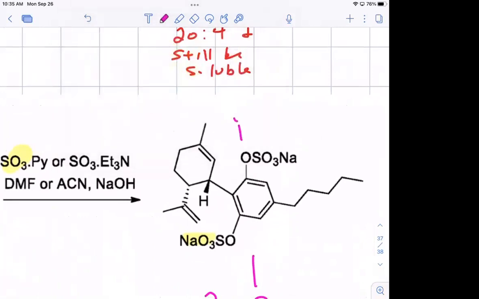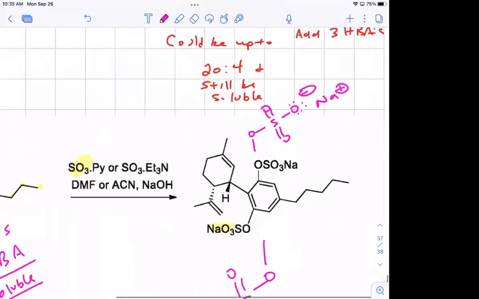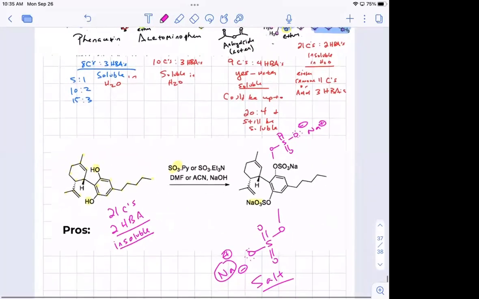All right, so O, S, that's negative. And then the sodium out here is positive, right? Again, this is organic chemistry on a practical level at work.